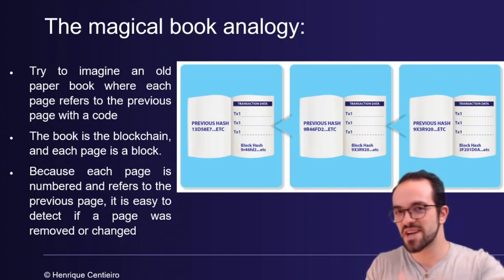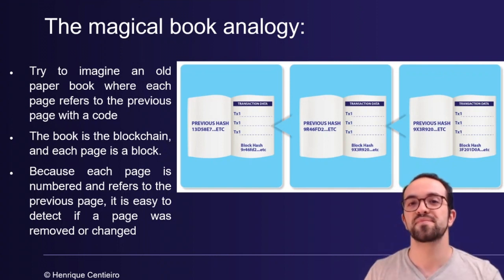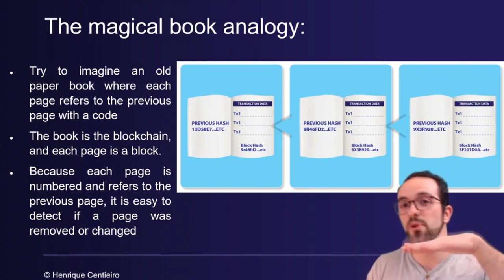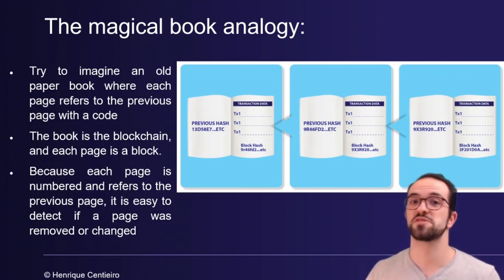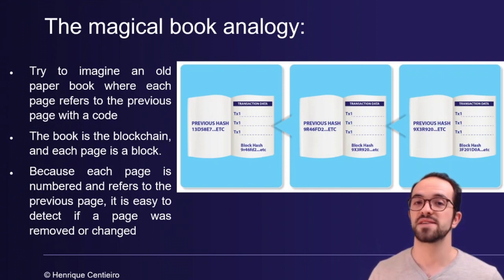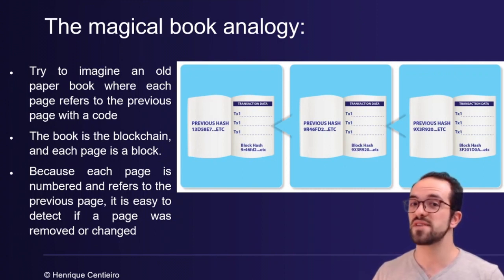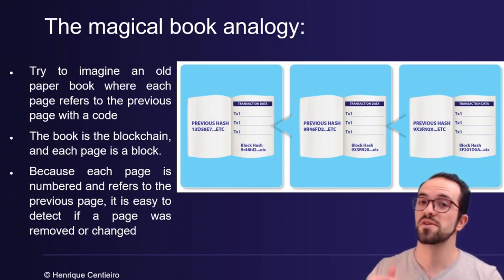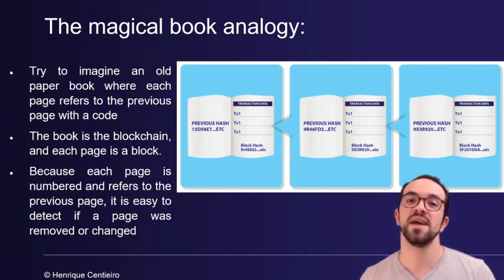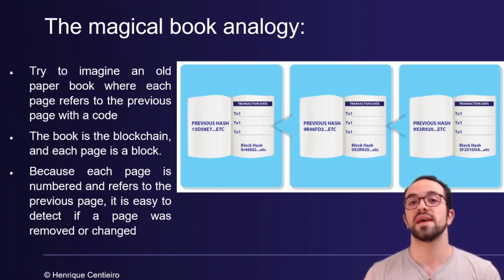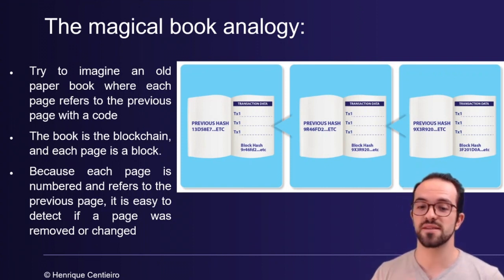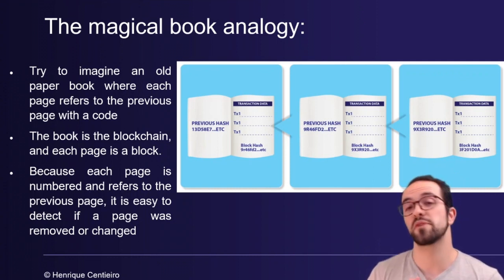And since pages are stacked on top of each other in this kind of book, it's very hard to change previous pages. Now try to visualize this as a data sharing of the NFTs. Every time a new NFT is created or minted, a new record of data is appended to the blockchain, and this record is immutable and no one can change or tamper with it.